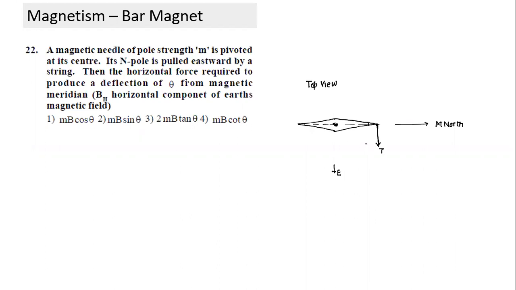Let's say if I apply a horizontal force, it produces a deflection of theta. So it rotates from here by angle theta. And it is implied that after rotating by angle theta, it is in the state of equilibrium. So this is how it is in the state of equilibrium, the dotted state.